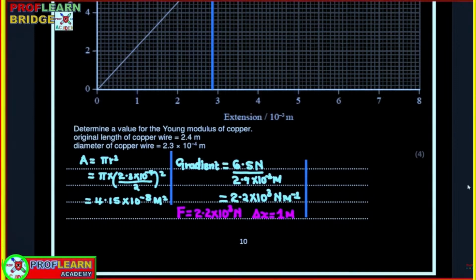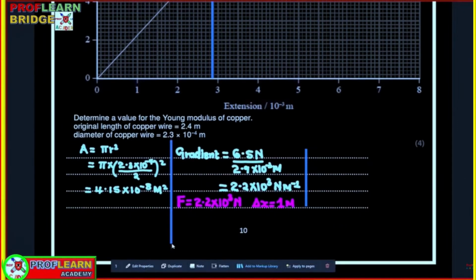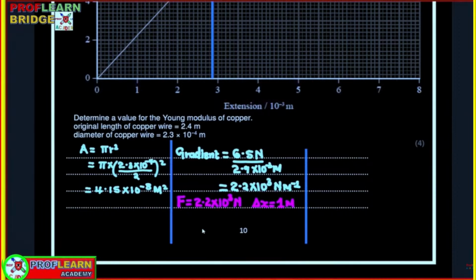then we can use this information in order to work out Young's modulus. All right. However, let me just take you to a different section. Young's modulus can also be calculated from, okay, this is strain. Strain is going to be that, which is going to be 1 over 2.4 because extension is 1, but the original length of the wire was 2.4.